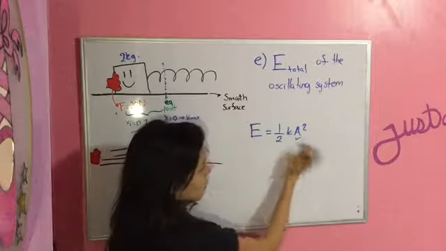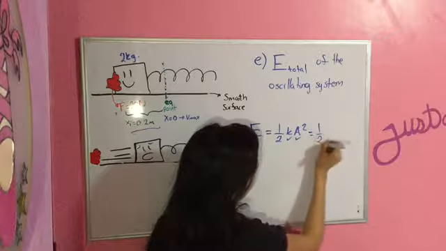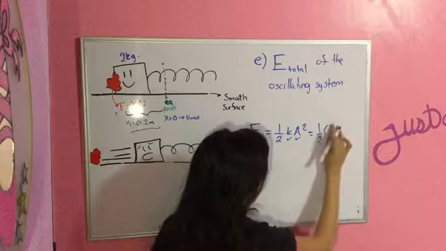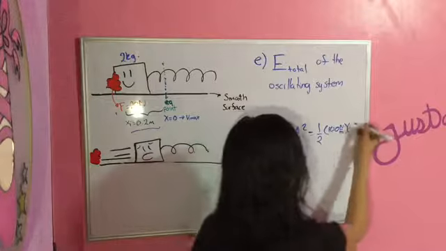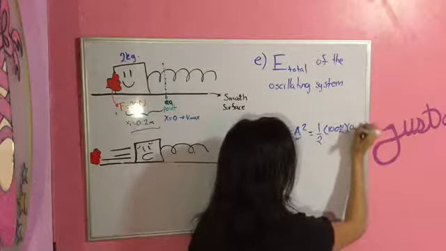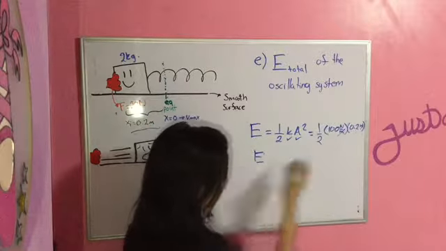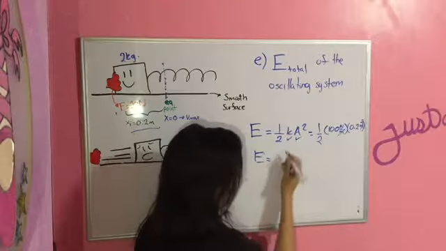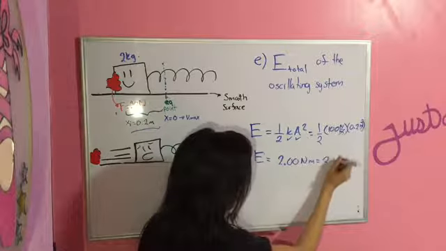So we already know these variables, so we only have to substitute them and we'll get the result of 2 joules.